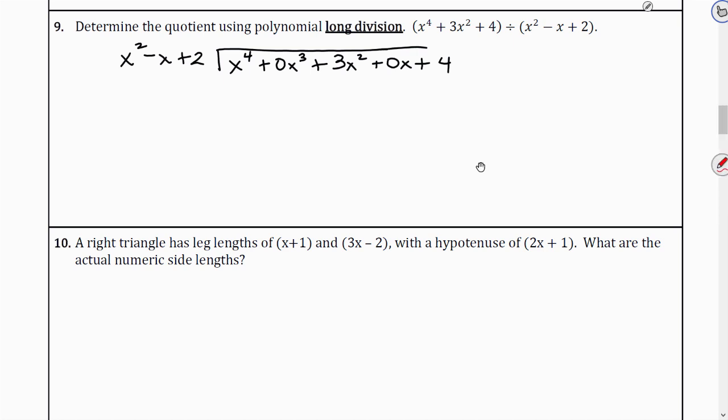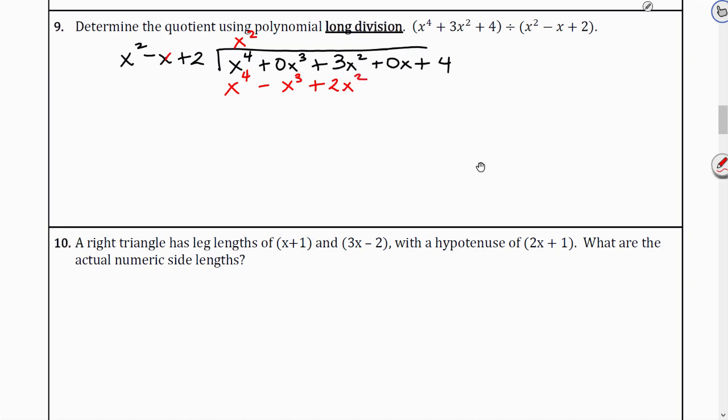Here we go. x squared times what is x to the 4th? The answer is x squared. Then I'll multiply this times each of these terms. x squared times x squared is x to the 4th. x squared times negative x is negative x cubed. x squared times 2 is plus 2x squared.